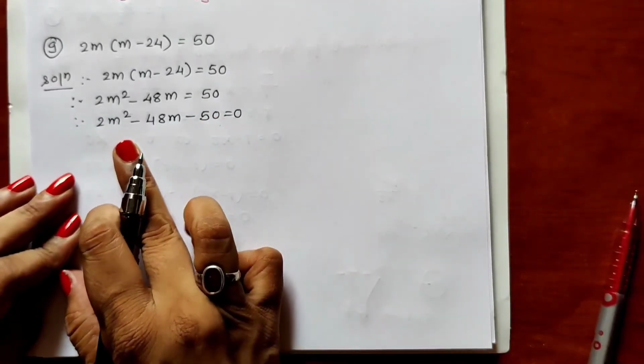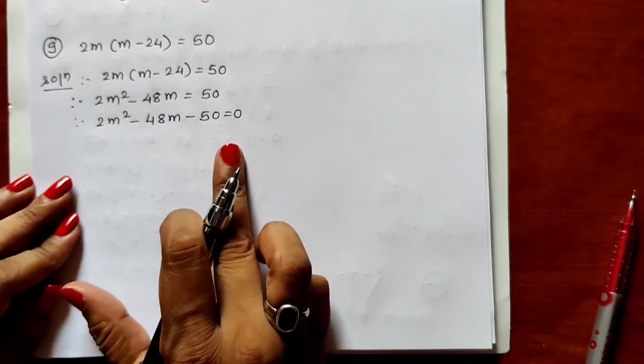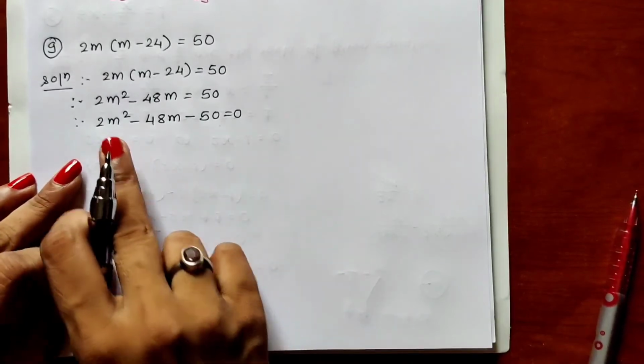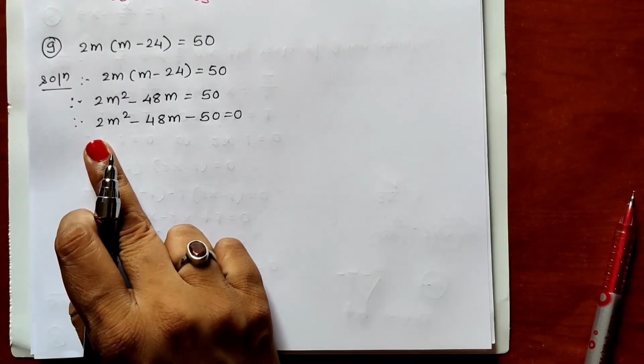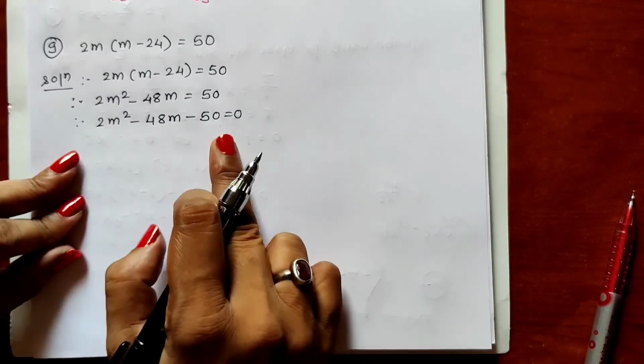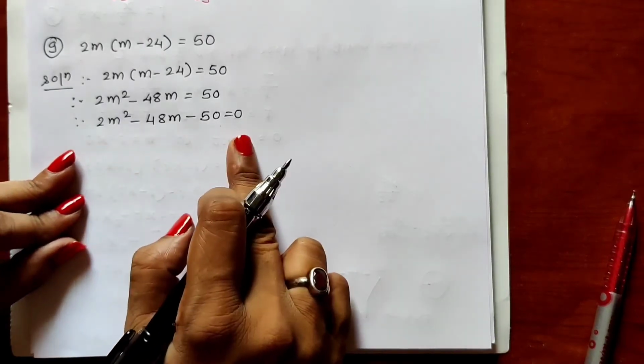Now we can see that this is in the format of ax square plus bx plus c is equal to 0. First term is having coefficient 2. But if we observe this equation carefully, we can see that all these terms are divisible by 2.